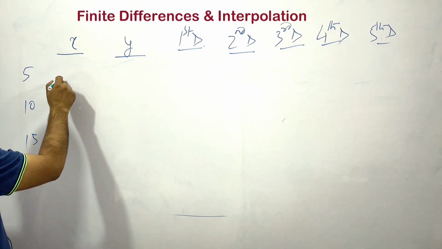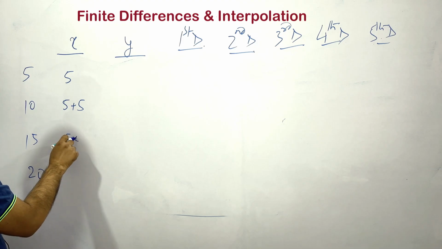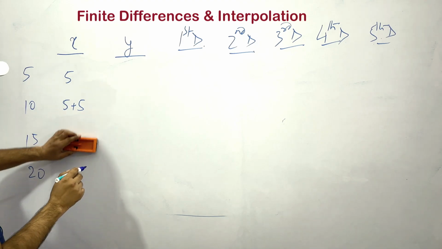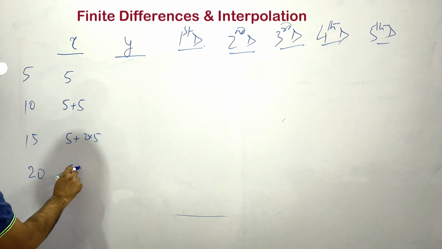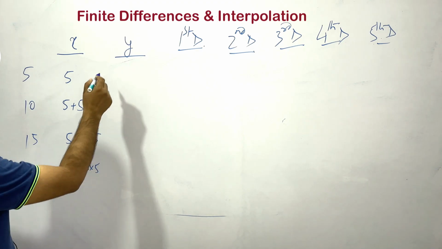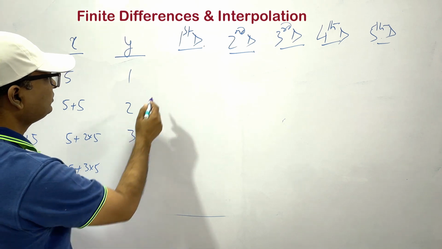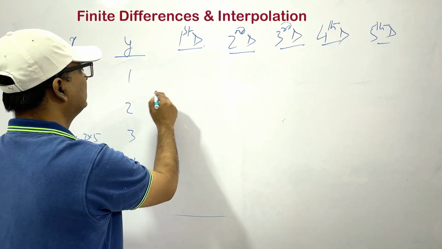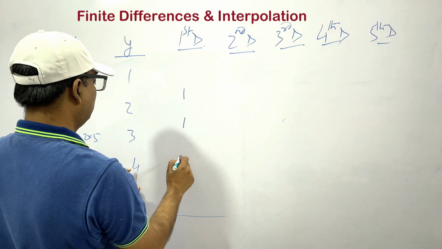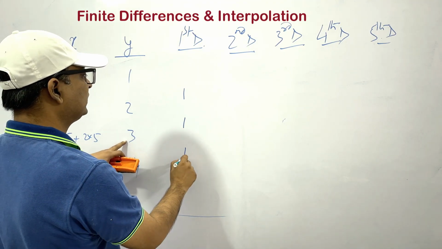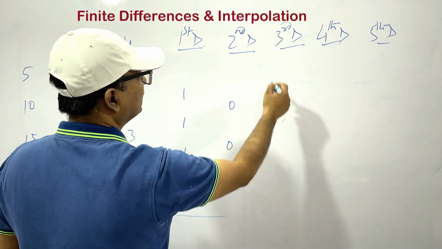Okay, so this is 5, this is 5 plus 5, this is 5 plus 2 cross 5, this is 5 plus 3 cross 5. Let's say our values are 1, 2, 3, 4. So the first difference will be 2 minus 1, that is 1. This is 3 minus 2, that is 1. And this is 4 minus 3, that is 1. In the second column, this is 0, this is 0. Third, this is 0.